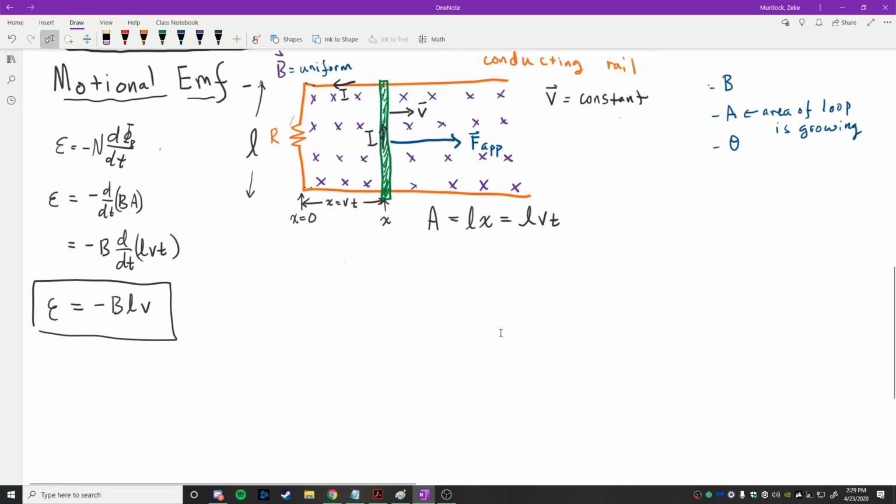So, here's another way you can figure it out in this kind of problem, by the way. This bar feels more than just this force, right? What other force would this bar feel, other than gravity or something like that? Don't worry about gravity. What other force would this bar feel as I'm pulling it to the right?